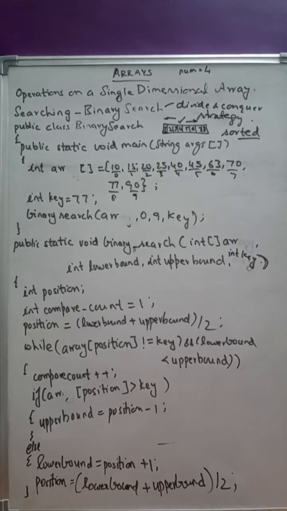In the other case, where the position value is less than the key, you increase the lower bound. Finally the position is found again from the bounds and compared. In this way you search for the element in the binary search technique. So that's it in this video.